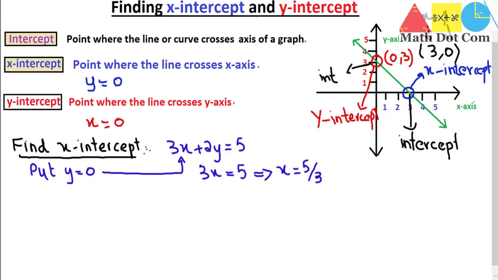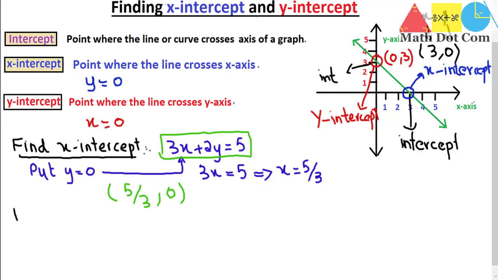We always write x first, so the x-intercept is (5/3, 0). This is the x-intercept of the line with this equation. If we draw this line graphically, we will get the same values, 5 by 3 and 0. So this is how you can find the x-intercept.